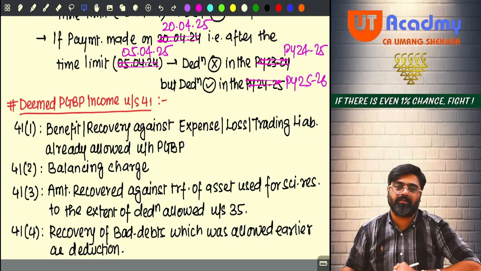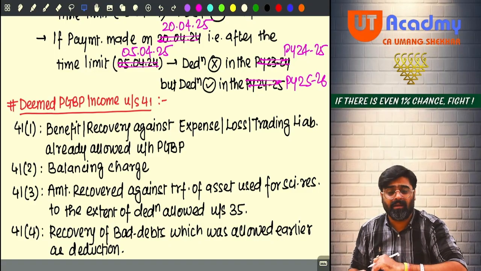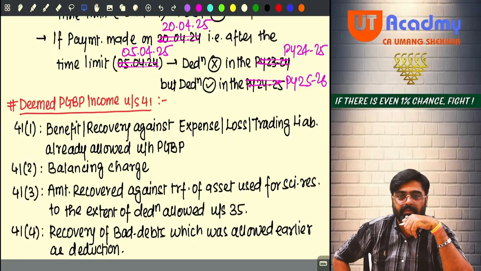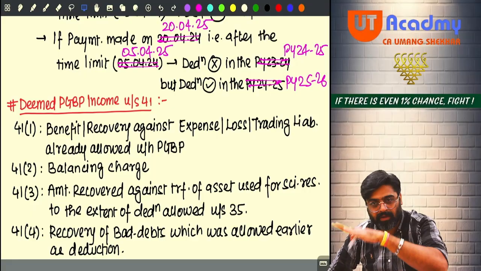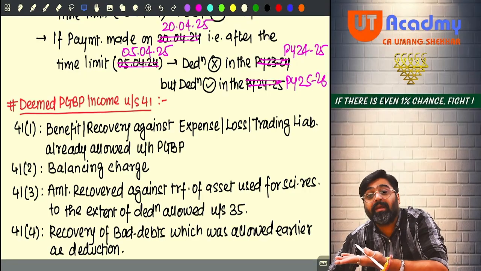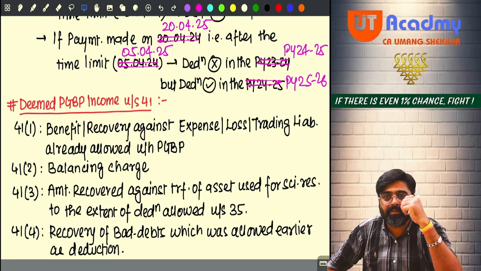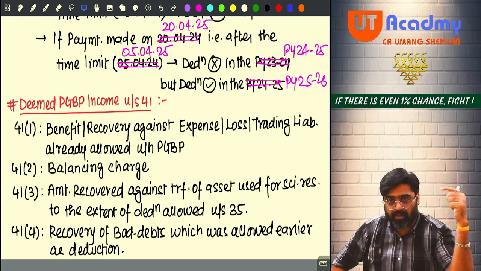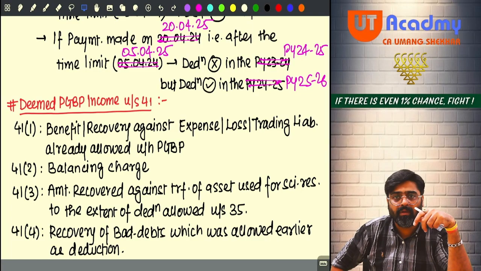Now against this expense, this loss, this trading liability, whenever I receive any benefit in future, don't you think the amount of income which got reduced by allowing this expense is now recovered again? Show it as deemed PGBP income. The benefit which you are going to get against this loss, against this trading liability, show it as income.